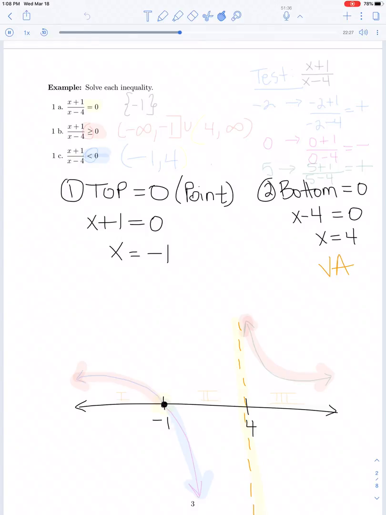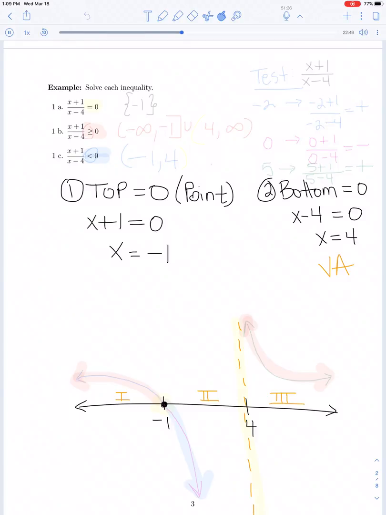So what I would like to do is test a value in each one of those 3 sections.